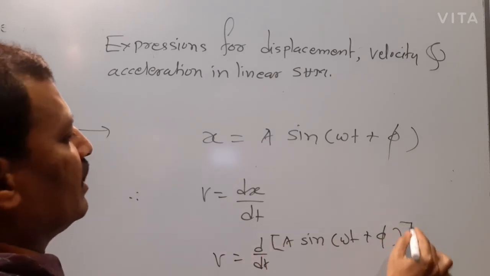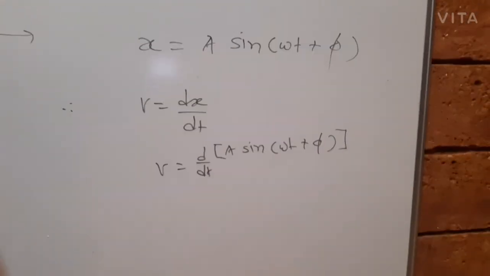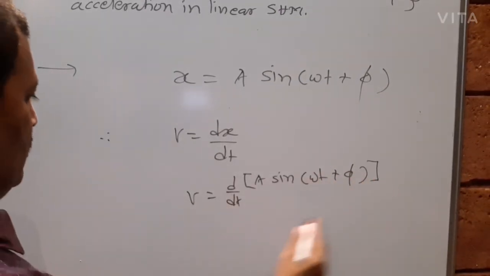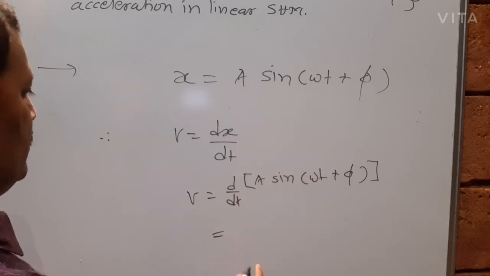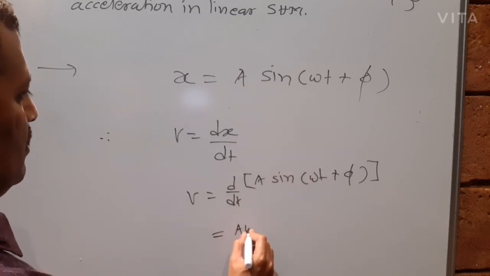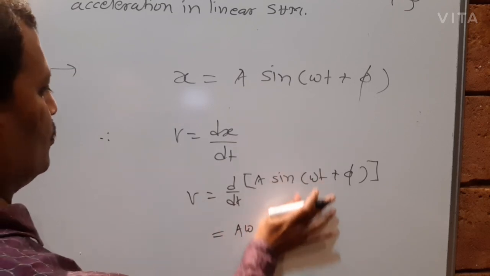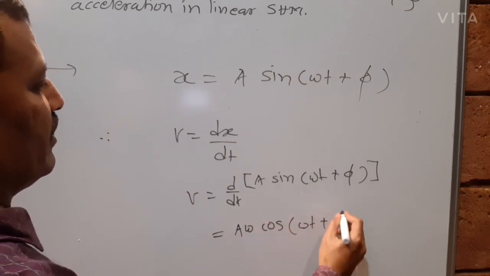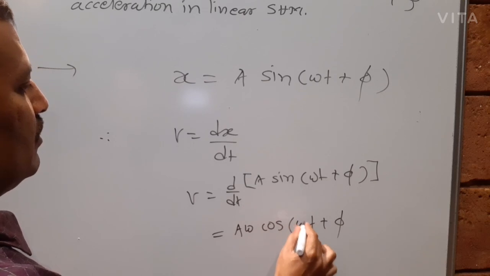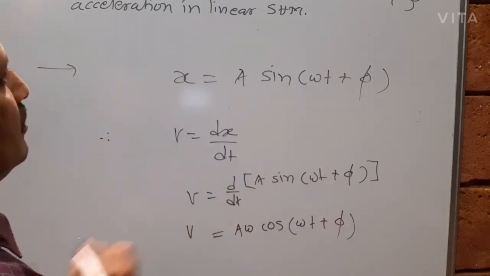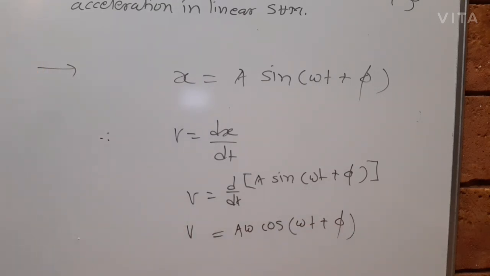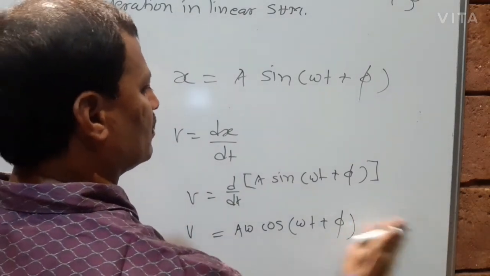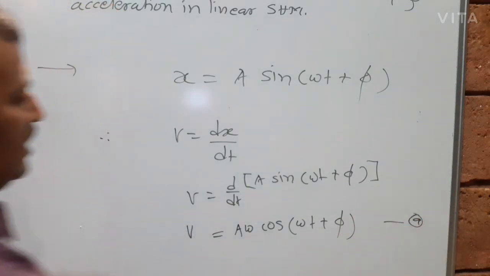Denote it in a square bracket for simplicity, and the derivative of this becomes A omega into cos of omega t plus phi. Denote it as equation number A because it is an additional point.